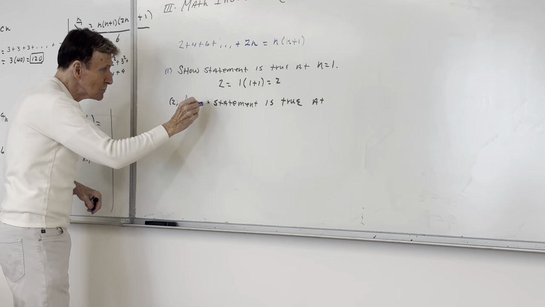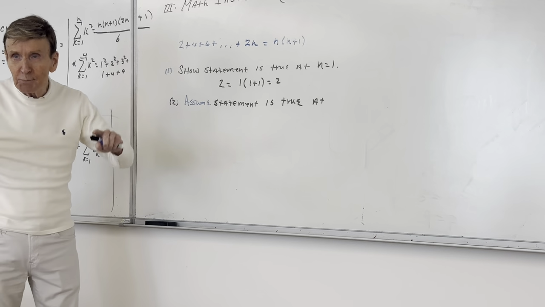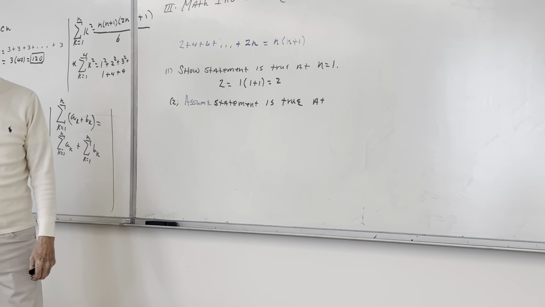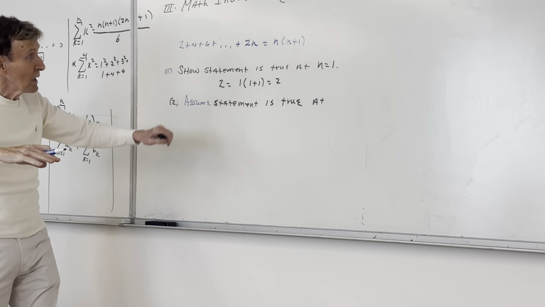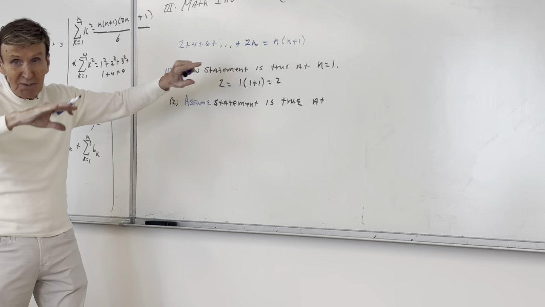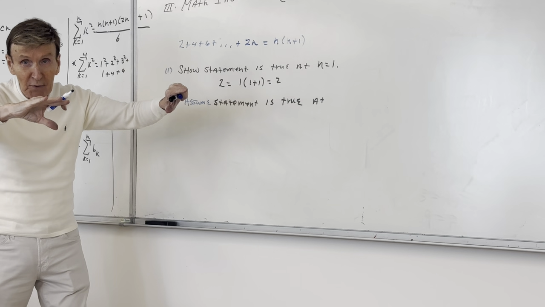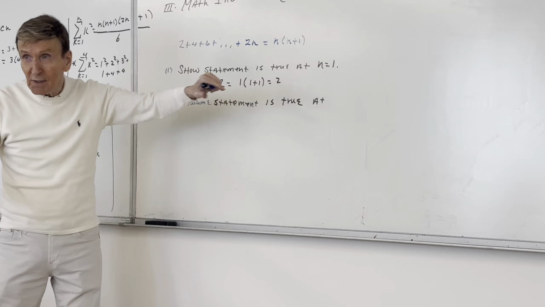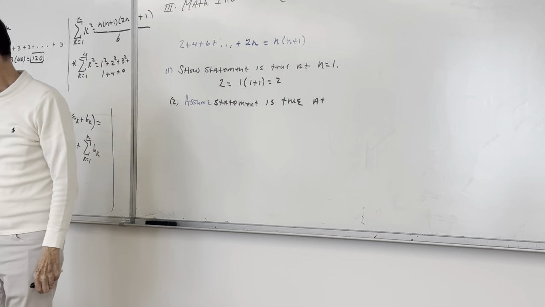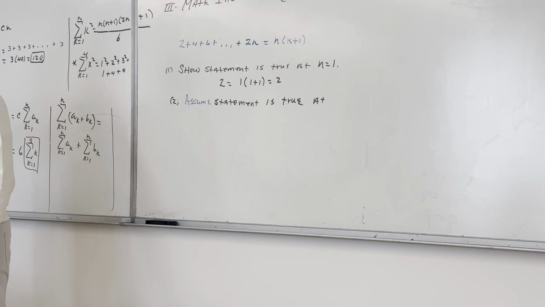But assume the statement is true up to a certain point. I can have Trevor add up the first 35, and all of a sudden he says, Professor, that was a long one. I had to do 2 plus 4 plus 6 plus the first 35 terms on the left. That wipes me out. And then replace n by 35 here, and then it matches up. Then we go back to 36. We can't do that forever.